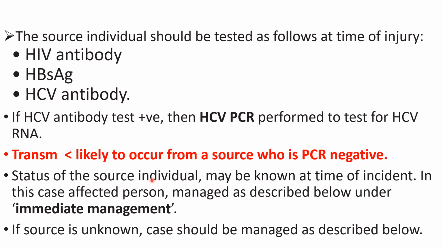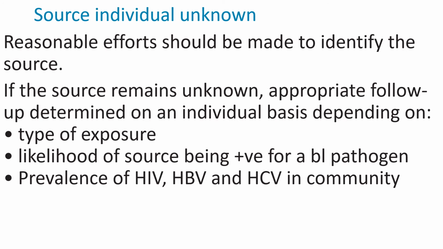Status of the source individual may be known at time of incident. In this case, the affected person is managed as described below under immediate management. If the source is unknown, the case should be managed as described below. Source individual unknown: reasonable efforts should be made to identify the source.